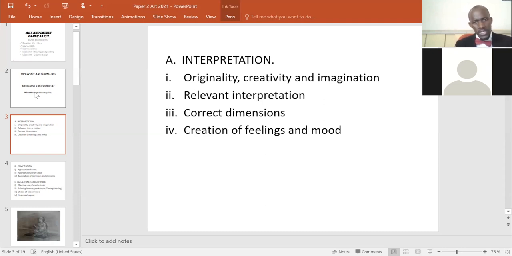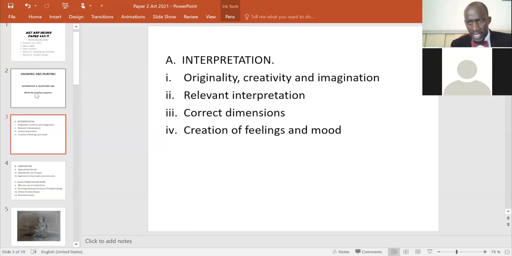Then, under interpretation, again, we look at the correct dimensions. We expect the learners to take note of the dimensions given. In most cases, when tackling paper 2, that is the practical paper, most of the works are given specific dimensions to work with.